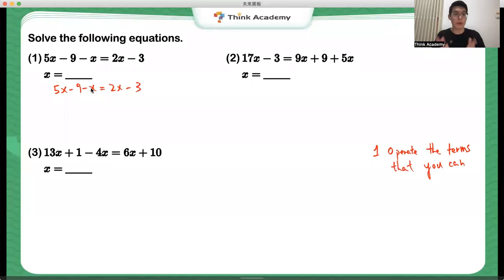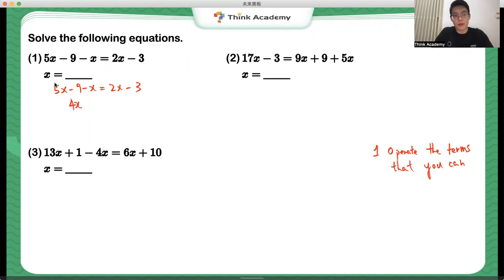And if you still remember what I said earlier, the x terms can be operated with each other, which means that if I am taking x away from 5 of these x, what I have left is just going to be 4x.